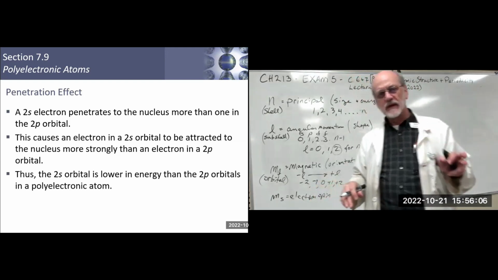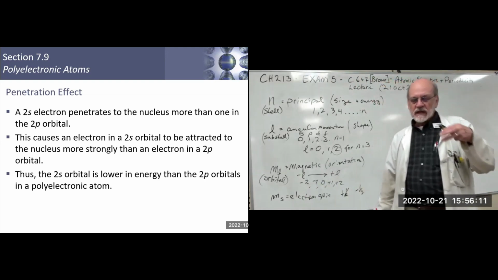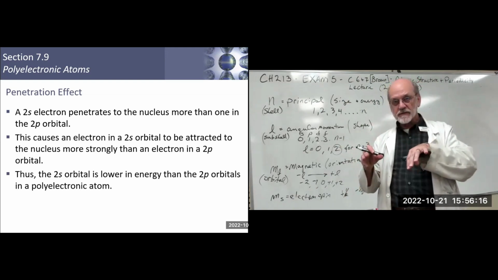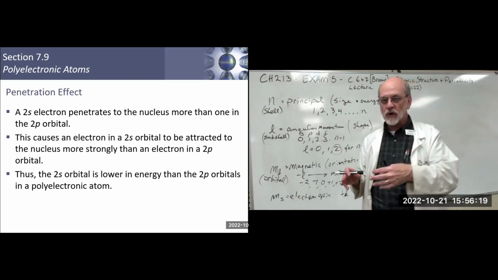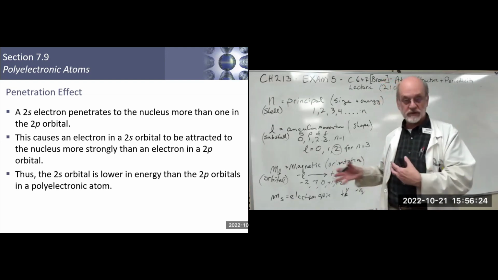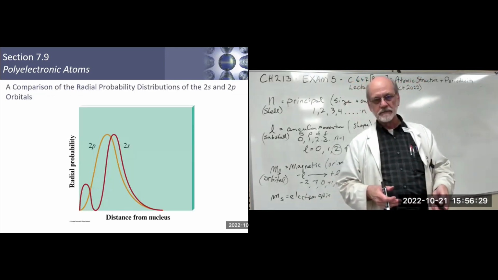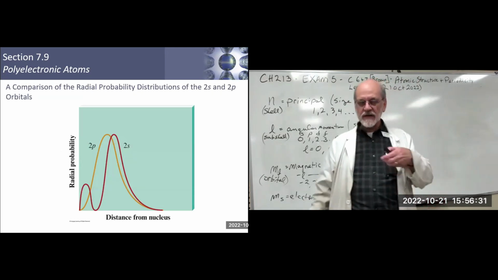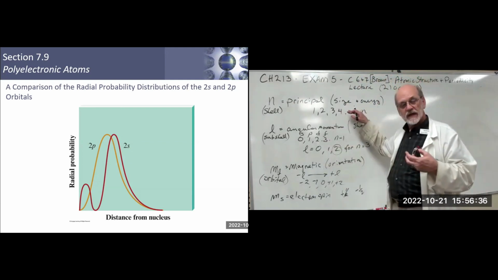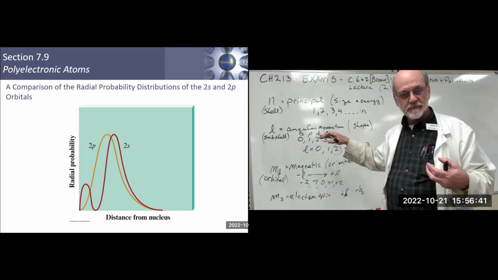One other effect, the penetration effect. The penetration effect says that the probability of finding electrons in certain regions of space is responsible for the predominance of energy assigned to a given orbital. And it's best illustrated with a diagram. So here you have the level n equals 2, and you have the s orbital described and the p orbital described.